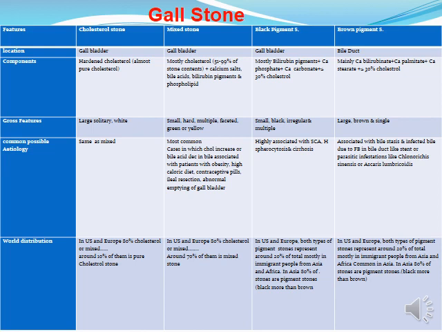While black pigment stone consists mostly of bilirubin pigment plus calcium phosphate plus calcium carbonate plus 30% cholesterol.